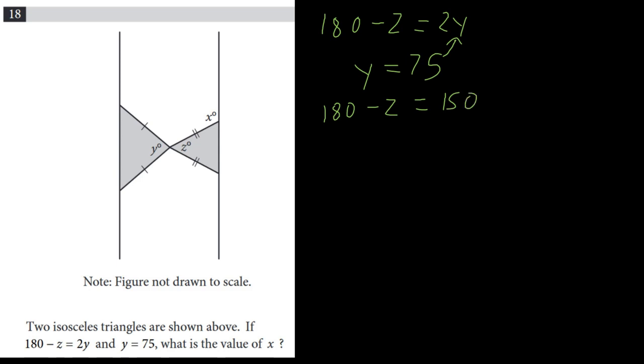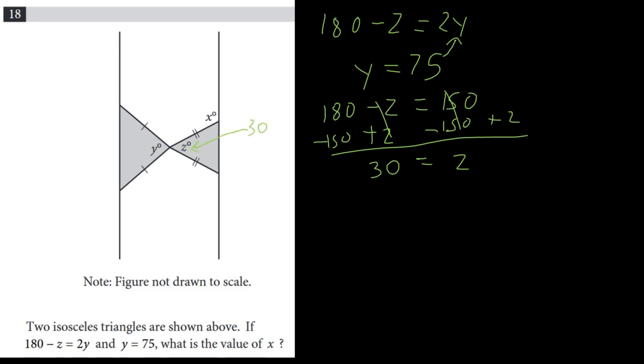From here, I'm going to get z by itself. So I'm going to do plus z, and then I'm going to do minus 150, minus 150. The z's cancel out, the 150s cancel out. So z equals 30. So I know that 30 goes in right here.